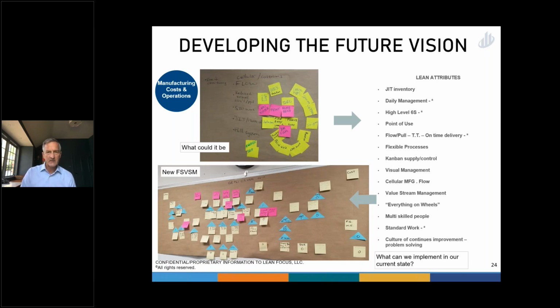Many things listed here: inventory at point of use, just-in-time inventory, Kanban, establishing flow, having standard work in place, those types of things. But this we typically do on a brown paper, getting everybody's input and aligning, and you can move things around until you get a general consensus that this is what we think the future could look like.